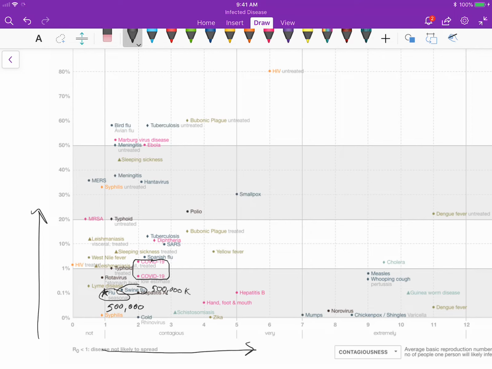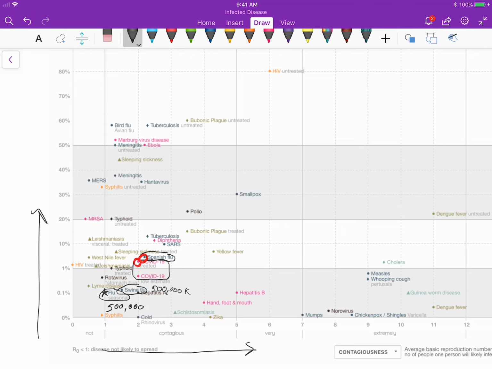Spanish flu is just very close to the upper estimates of this coronavirus. It's very similar in regards to how contagious it is, and it's almost closest, at least the upper estimates, to the death rate.